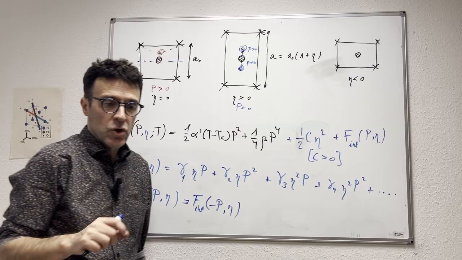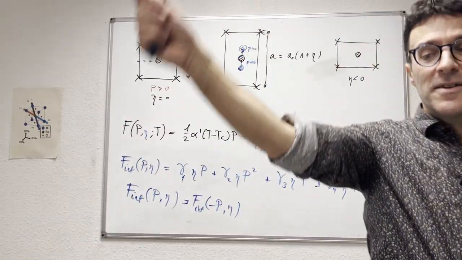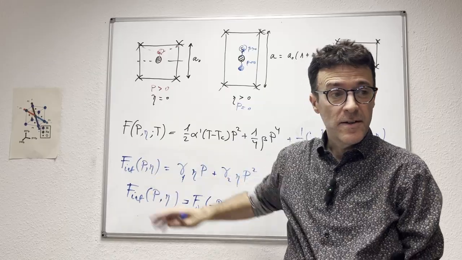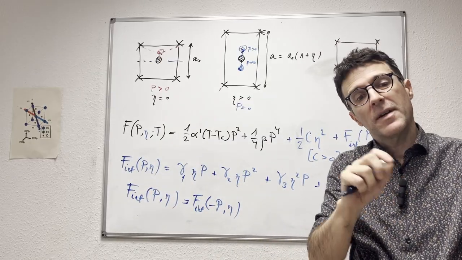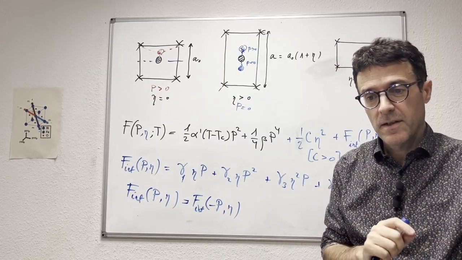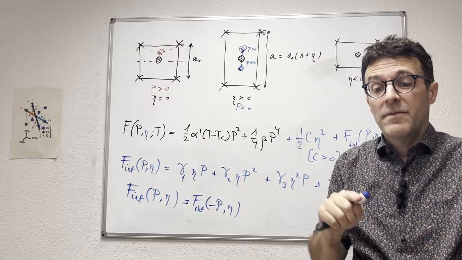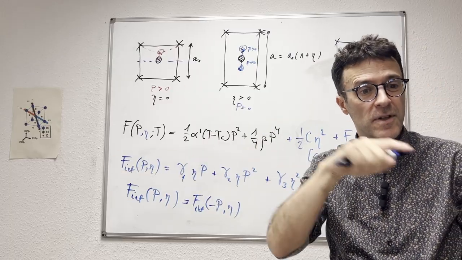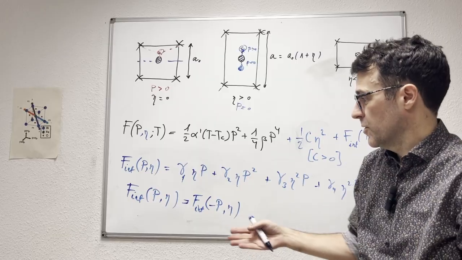Okay? So the energy of our system, the full energy, still has to be even against changes of sign in the polarization. And if that has to happen, all the individual terms of the energy have to satisfy this, including the interaction term.